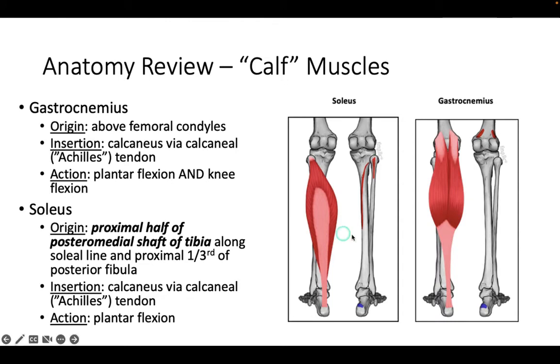However, it was the distal two thirds portion, or middle, which would be down here. So the soleus origin does have a posterior medial portion on the tibia, but again, it's more proximal. In terms of insertion, it's the same as the gastrocs, with the Achilles tendon, but you only get plantar flexion because it doesn't cross the knee joint.